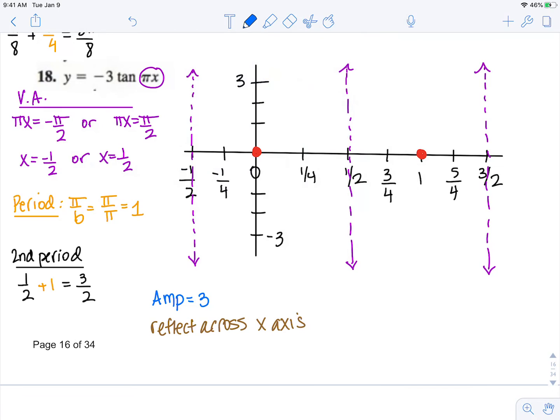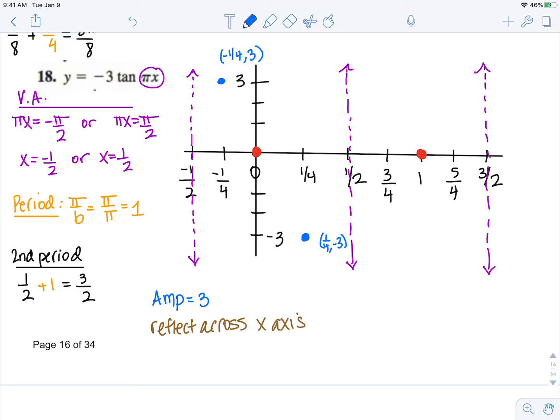Now normally we would start up on our positive, but since it's reflected down, we're going to be down here at 1/4, negative 3, and this one's going to be up here at negative 1/4, 3.